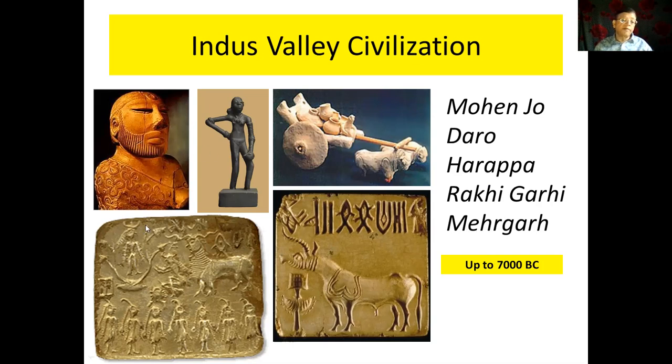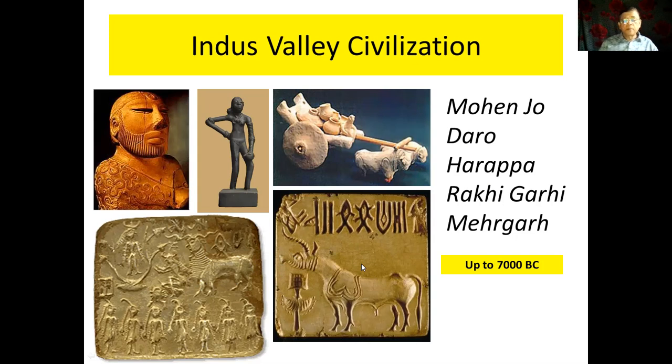And these are some of the popular, well-known artifacts. The priest that has been dug out, the dancing girl, or the bullock cart, a toy bullock cart, and many seals. And you see here the Indus script, which has not yet been deciphered. We don't know what is written here, but you can appreciate the artistic nature of this seal, how beautifully they have made this particular organism.